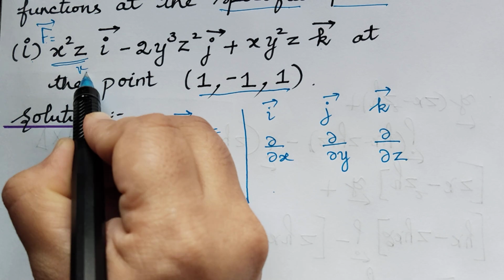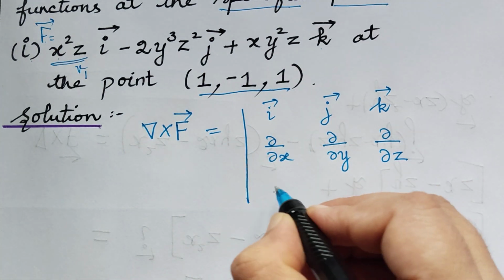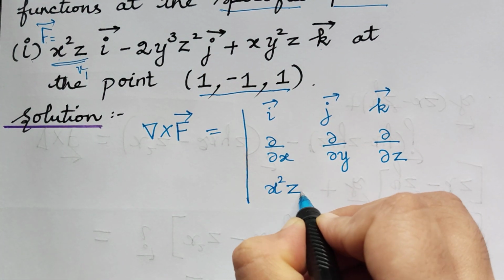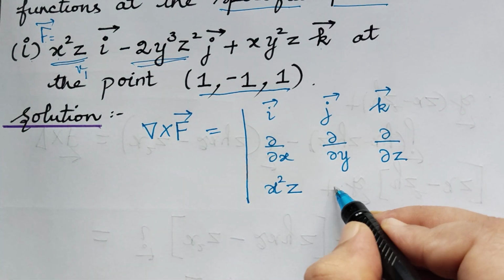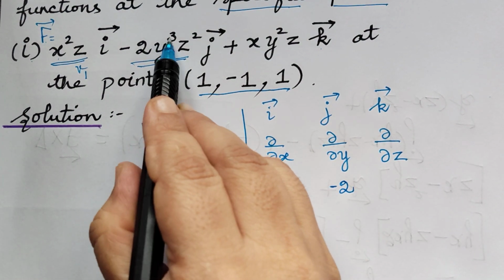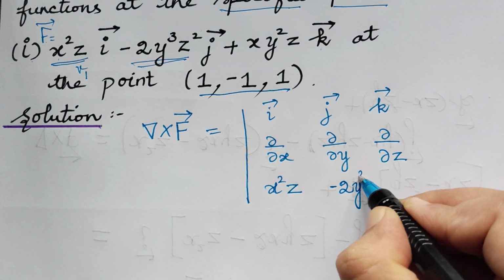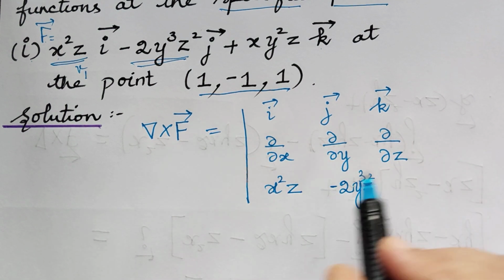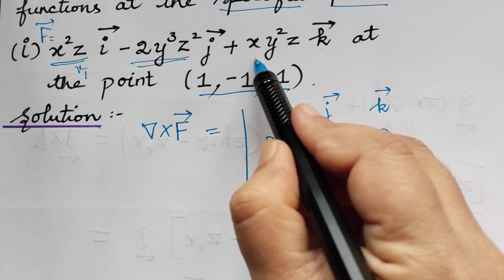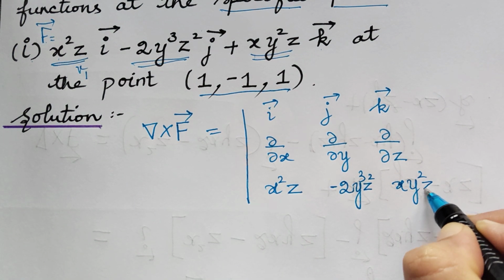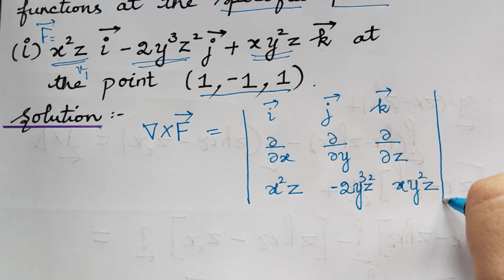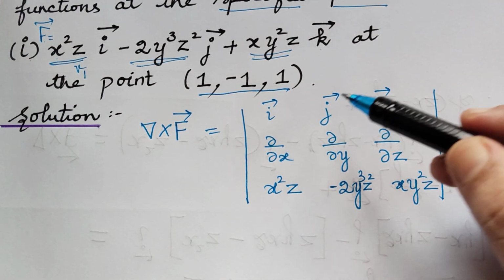So this is v1. It is x square z. Here v2 is the jth component, which is negative 2 y cube z square. And then here we have to write v3, which is the kth component, that is x y square z. So now we have to find the determinant of this value.